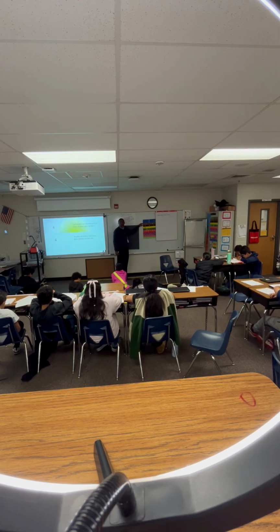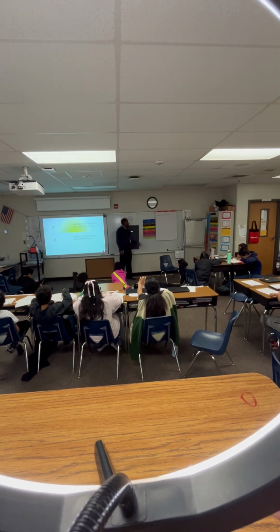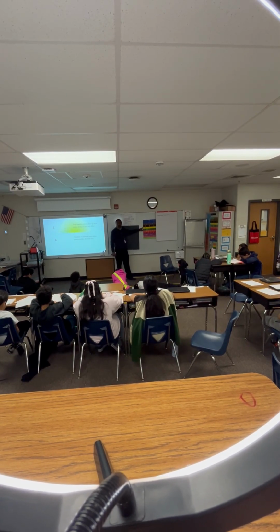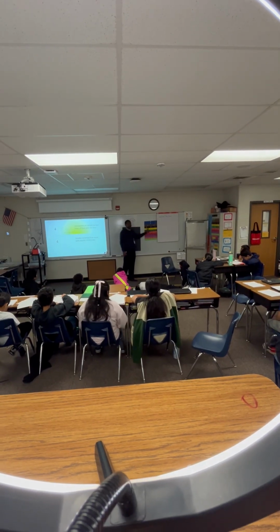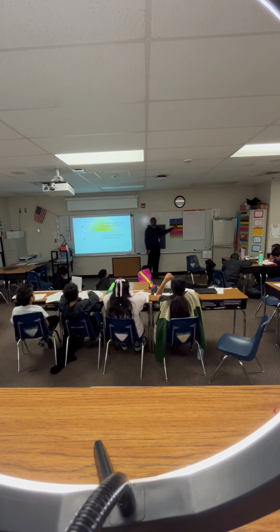And each one tells us how many we need. If I have a half, how many more pieces do I need to make a whole? 1 more. If I have 1/3, how many more pieces do I need to make a whole? 2.